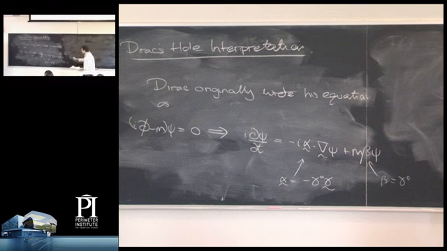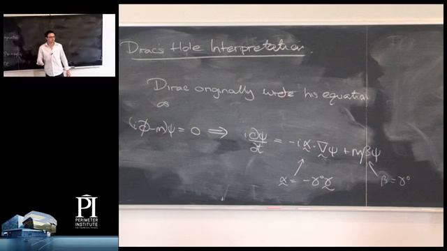Now, written in this way, Dirac wanted to do something which with hindsight is not correct, but it's still what's often taught at the undergraduate level, which was to interpret this field here as the wave function for a single particle moving in space. Okay?